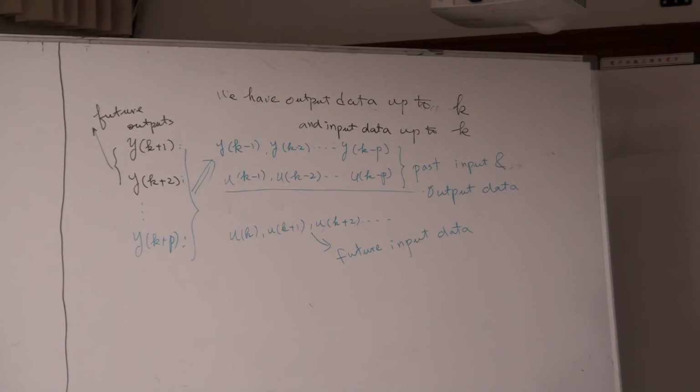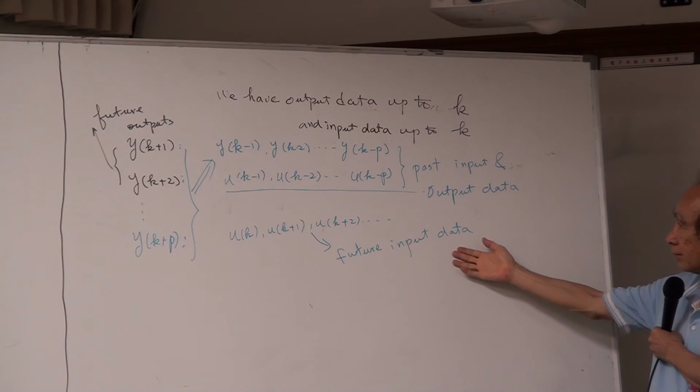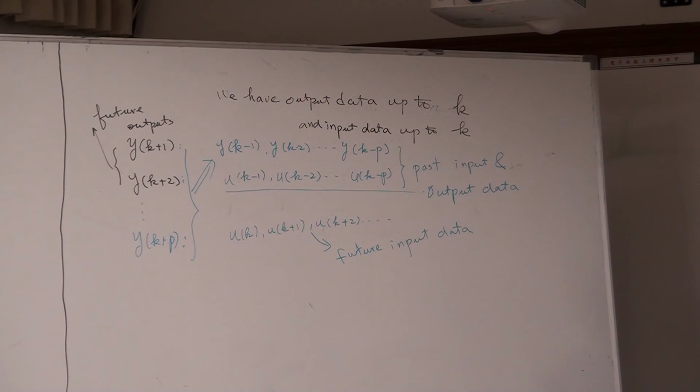And again, I have yk minus 1, yk minus 2, up to yk minus p, that's my past output. I have uk minus 1, uk minus 2, uk minus p, that's my past input. And then in the middle here, I have uk, uk plus 1, that's my future input. So my future output, I can estimate it.